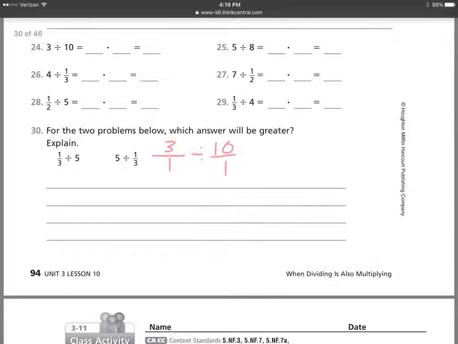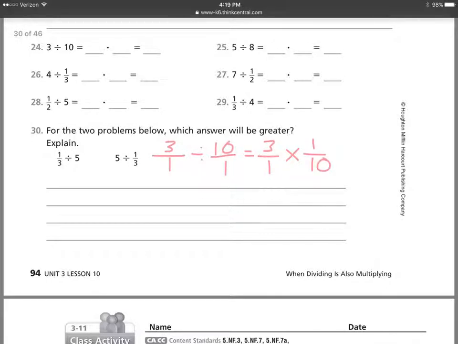And now we have two fractions that we're dividing. And we have a system for that. So we're going to convert that into a multiplication problem by keeping the first factor the same. 3 will remain 3 over 1. Changing the sign to its opposite and inverting the second factor, 10 over 1, or flipping it, or writing its reciprocal, which is 1 over 10.